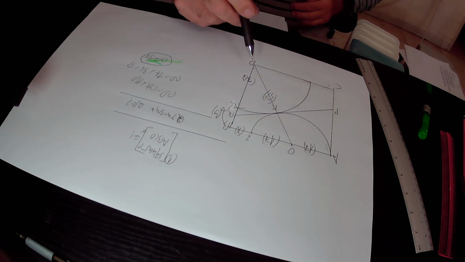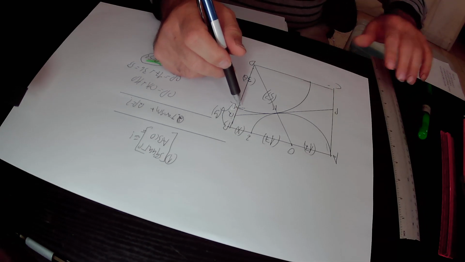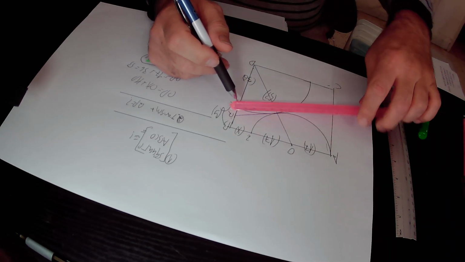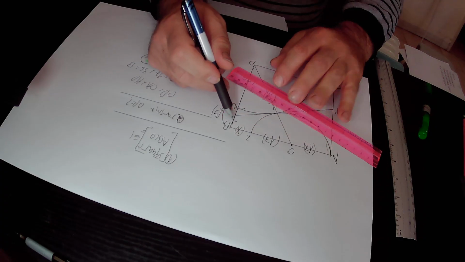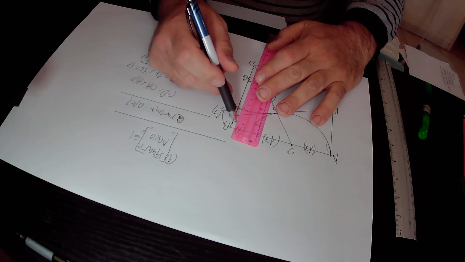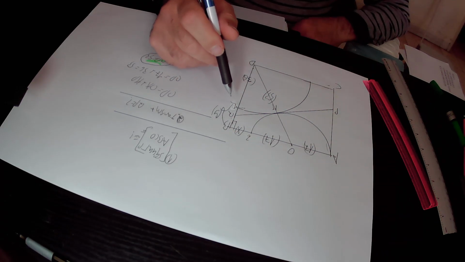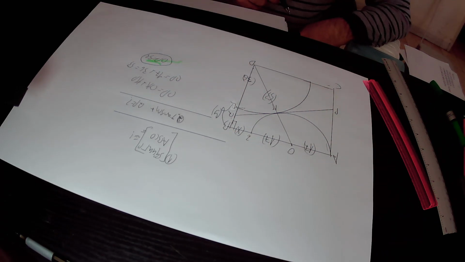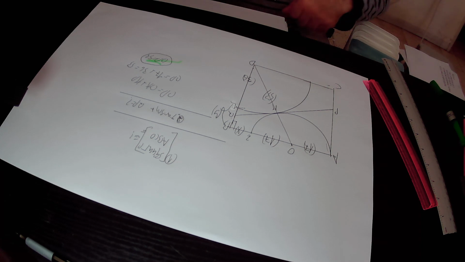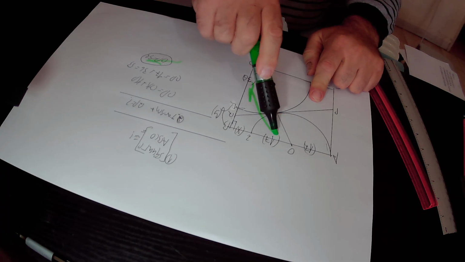ABCD is a square, therefore this is a right angle. In the next step, we will implement the Pythagoras theorem on this green right triangle OBD.